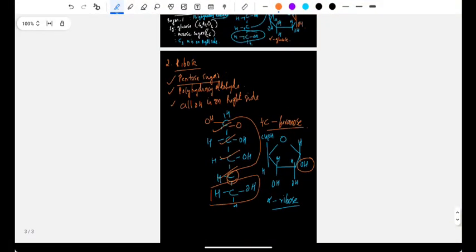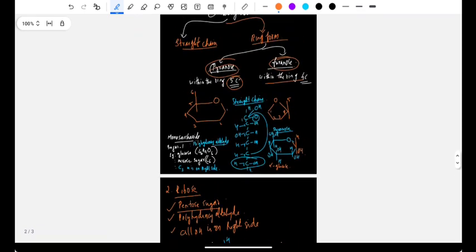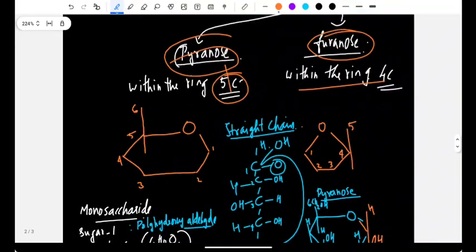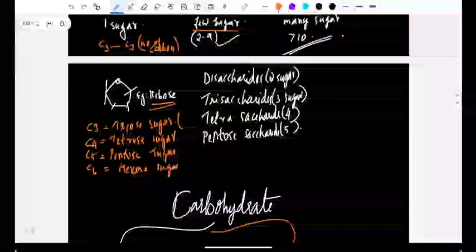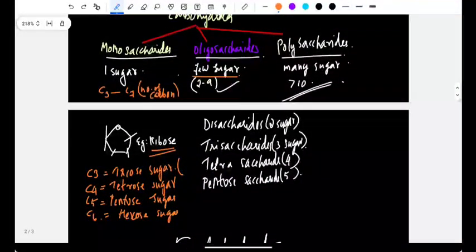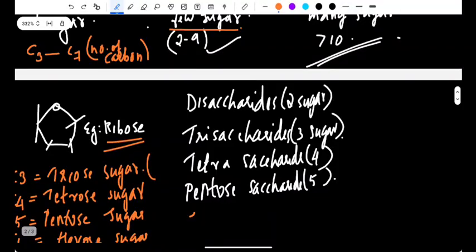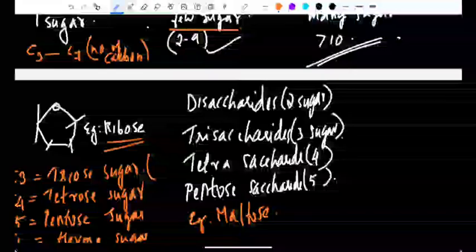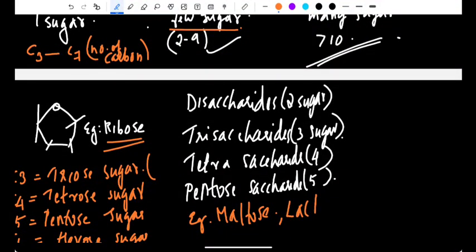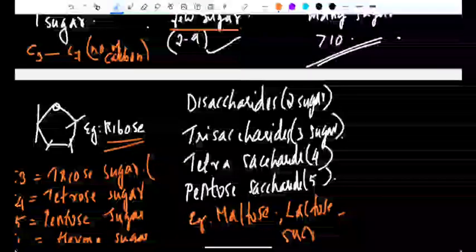Now, examples we can write for the oligosaccharide: maltose, lactose, sucrose.